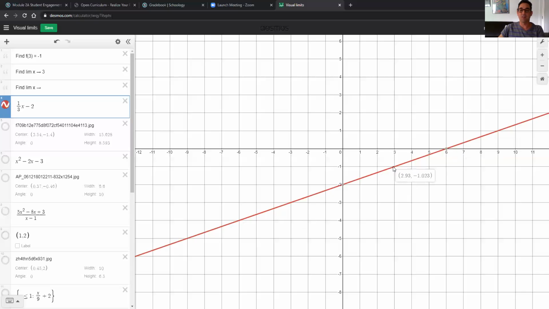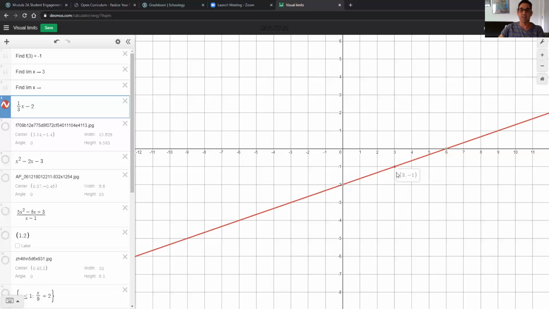Now notice here where the answer was just 3, -1. As I travel this line, the x and y values are getting closer and closer to 3 for the x and -1 for the y. Notice the decimals, they're generally moving closer and closer until I get to that exact spot.